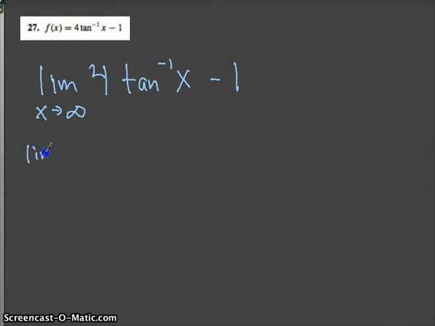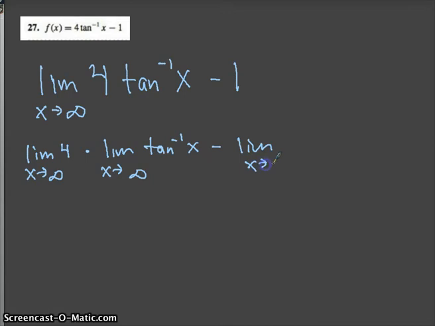We can use our rules here and separate all of this. This is actually a really nice one. I know that the limit of 4 as x approaches infinity is 4. I know that the limit of 1 as x approaches infinity is 1.